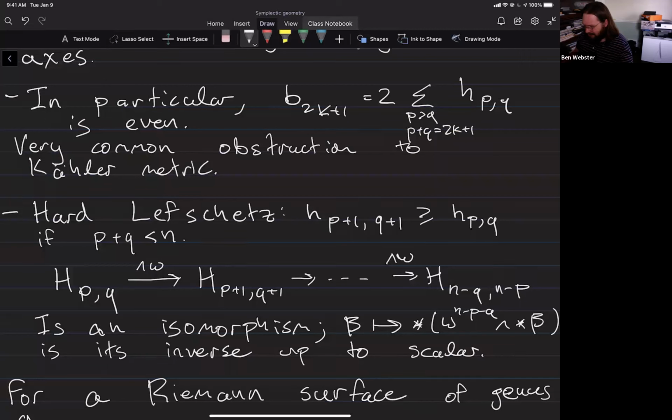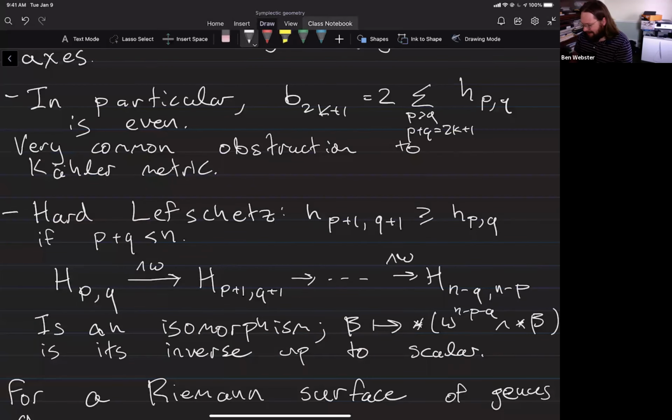So there are various other ways of arguing this. One that maybe I like better, but which requires a bit more background, is you can actually use wedging with the symplectic form and this dual starred version of it to generate a representation of SL2, where what degree of the cohomology you're in tells you your weight as an SL2 representation. And then you get to say, oh, SL2 representations exactly have the structure where they come in chains. And this middle cohomology degree is the weight 0 part of the SL2 representation.